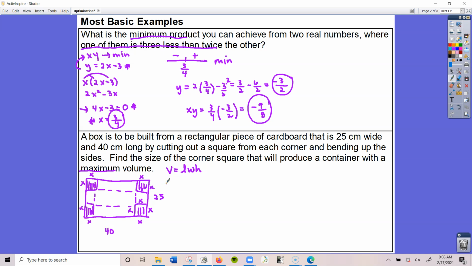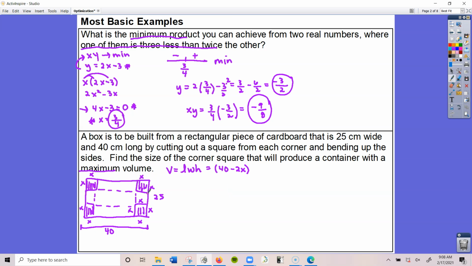Now the length of the box is not the 40 because we had to cut these sides. So if you think about what the length would be, it would be 40 minus this x minus this x. So the length is 40 minus 2x.